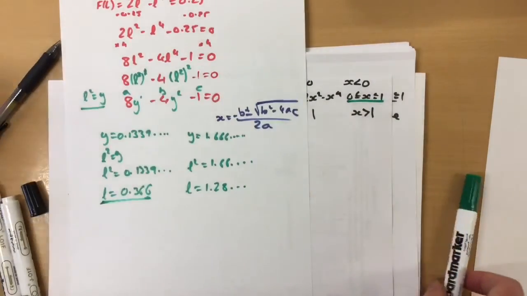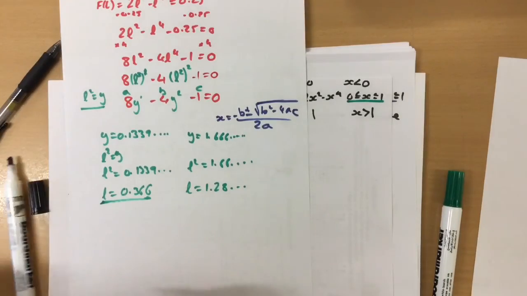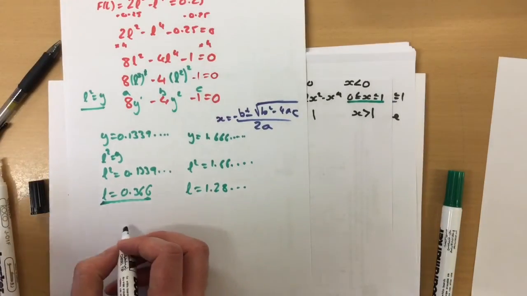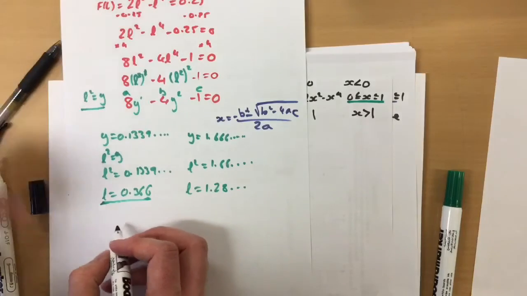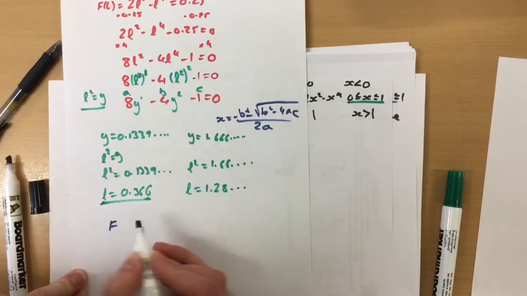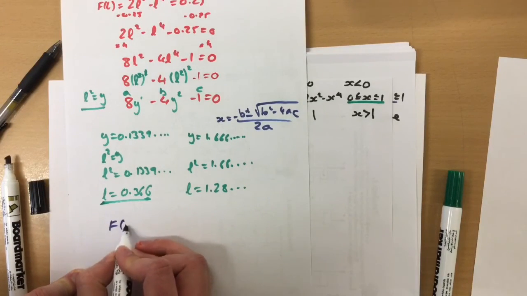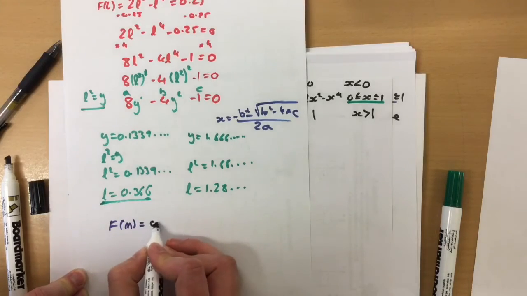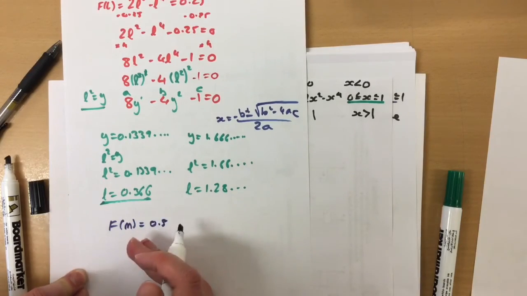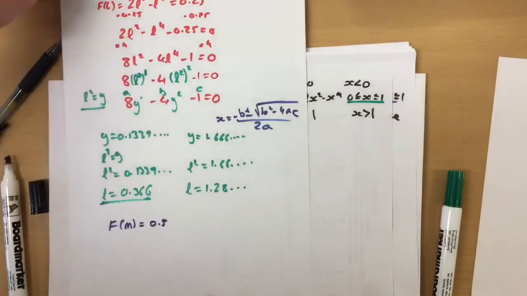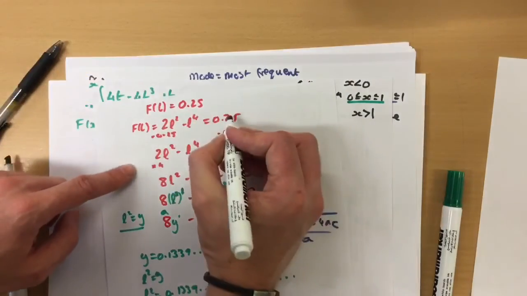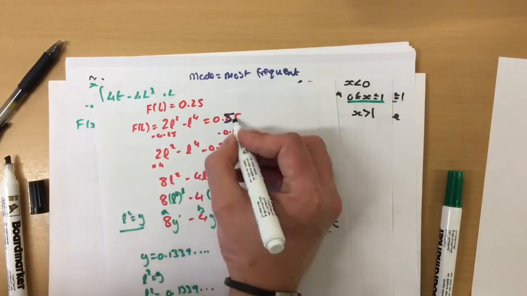Now, all you need to do is go away, not literally go away, just do some work. The median is going to be stacked up half of our values, so exactly the same process, but rather than 0.25 at the start, this is 0.5.